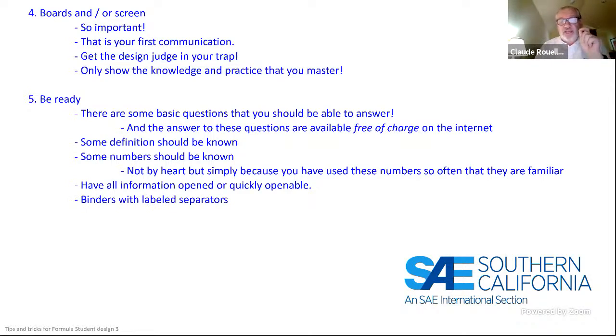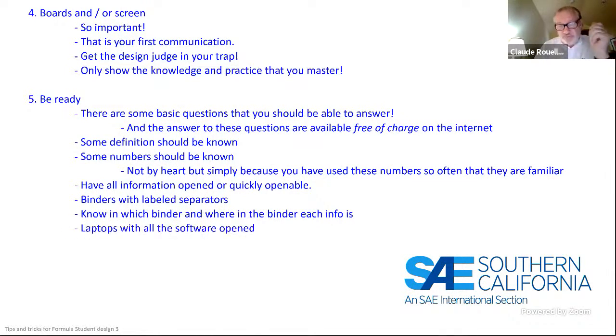Binders should have labeled separators. So you have on a binder, you have one for aerodynamics, one for kinematics, one for everything. So you find your information very quickly. Know in which binder and where in the binder each piece of information is, of course. So laptop with all the software opened, okay, and know in the binder where each piece of info is.